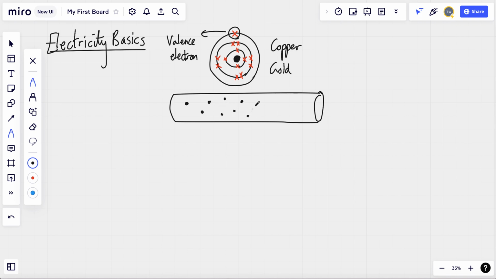These are all copper atoms, and if these are the nuclei, then these free electrons can travel around totally randomly within this wire or within this metal. So I've got all these electrons flying around in random directions, just doing whatever they want and having a good time.